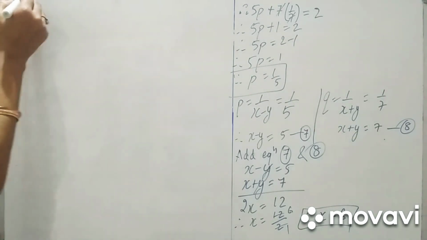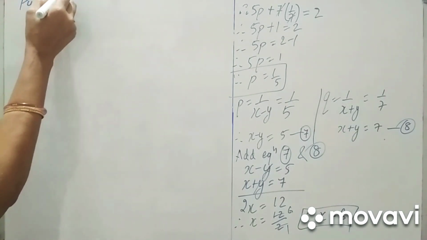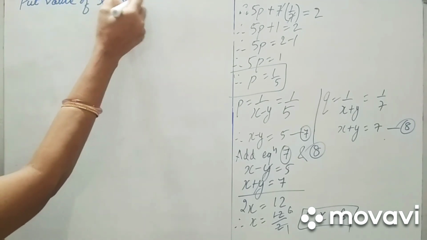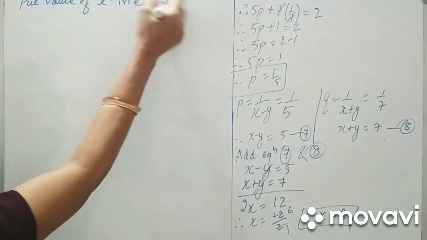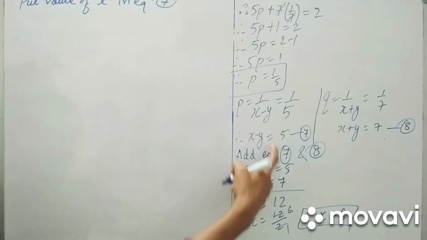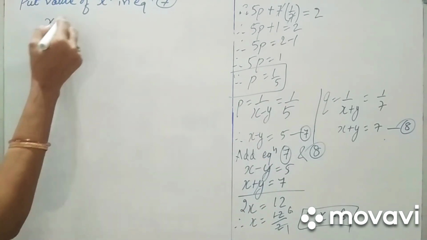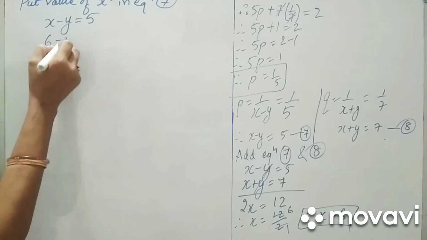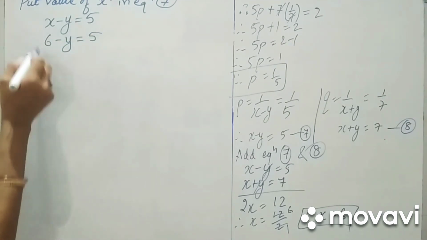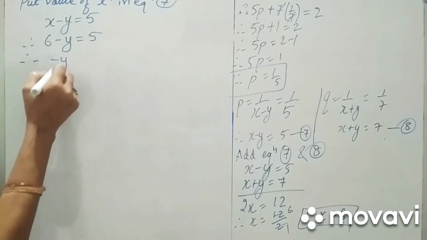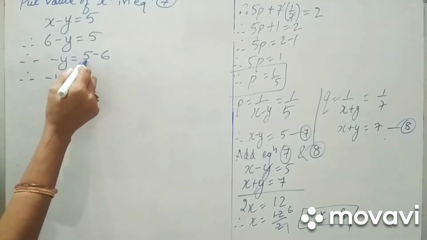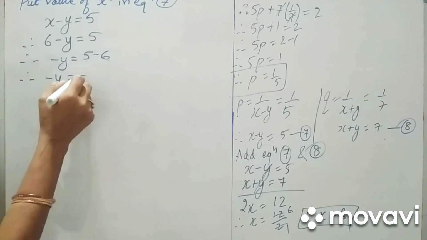Now put the value of x in equation 7. What is my equation 7? x minus y is equal to 5. Instead of x put 6, 6 minus y is equal to 5. Therefore minus y is equal to 5 minus 6. Therefore minus y is equal to minus 1, take the sign of the greater number.